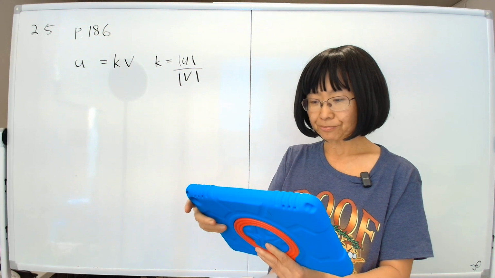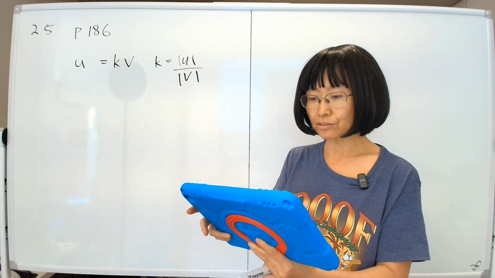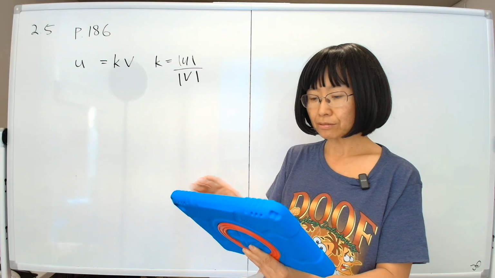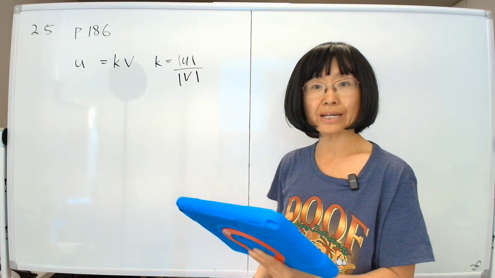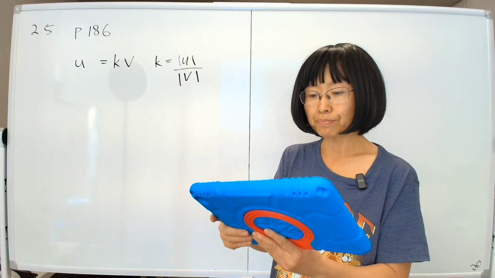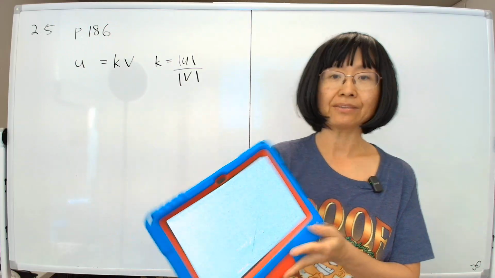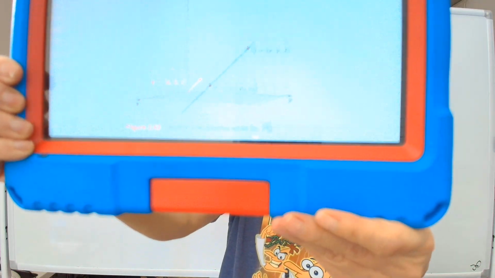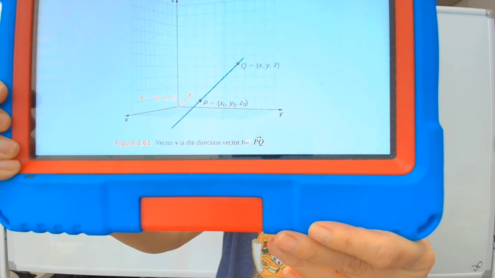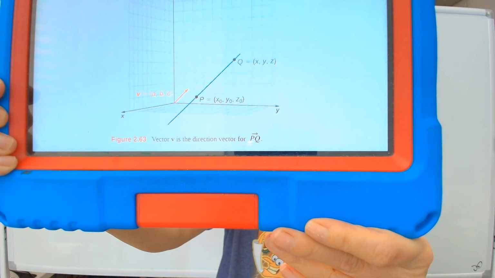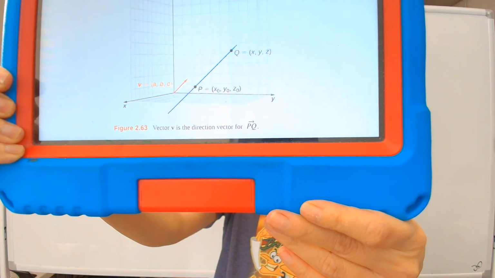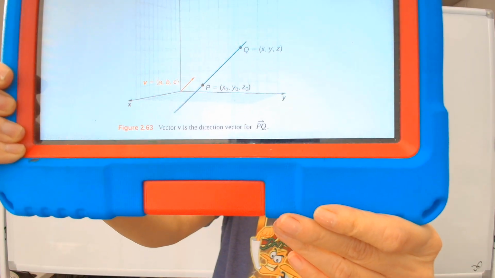Now with that information, to represent a line in space we're going to do two things. First, we identify any two separate points on the line. Here's our line in space, and we pick any two different points, P and Q. P we will consider fixed, and Q will be any other point on the line.